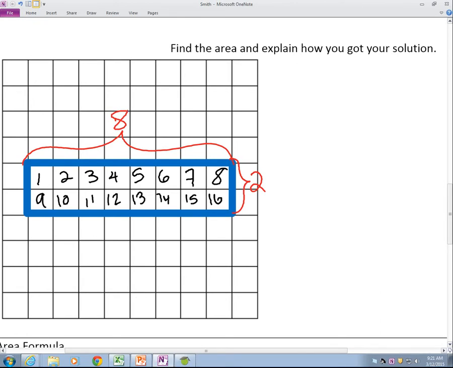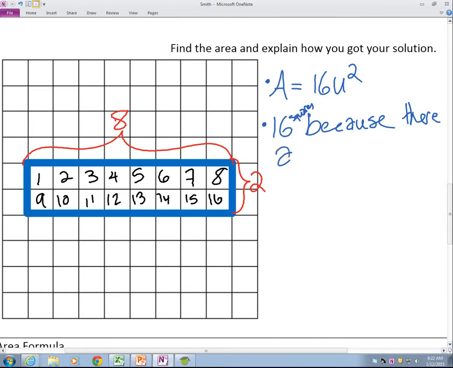Okay. Audrey, can you explain how you got that? Good. 16 squares, because there are 8 squares across and 2 down.